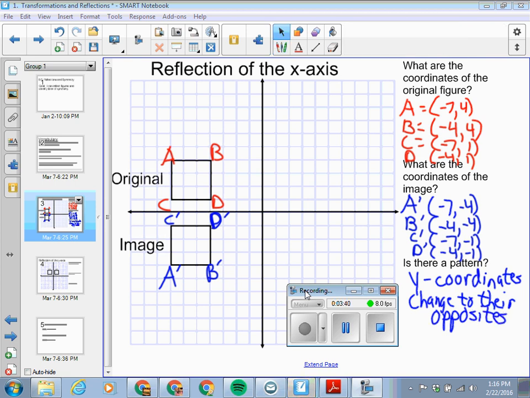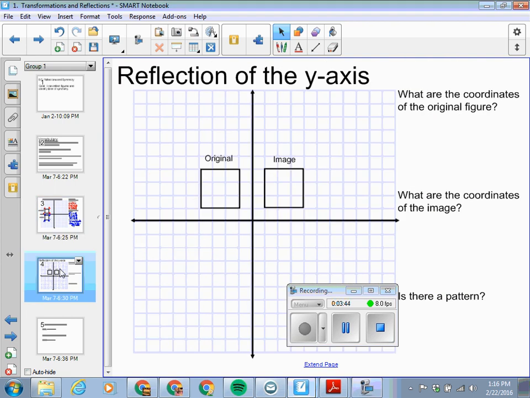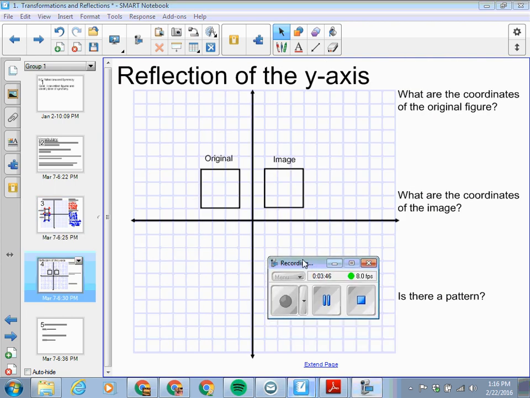After we show the pattern, we flip over the y-axis. So same concept here. We're going to name the points. So the original's here. We're going to go A, B, C, D. We flip it over. And we end up with A prime is right here, B prime is right here, C prime is here, D prime is there.